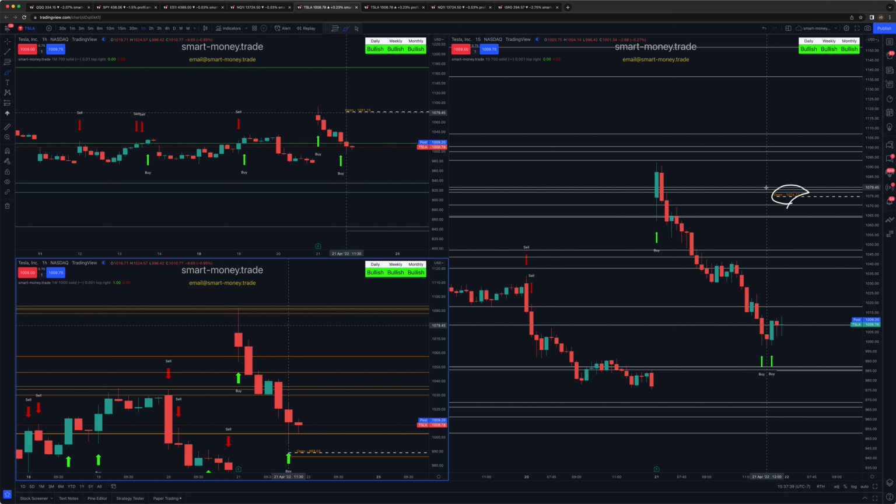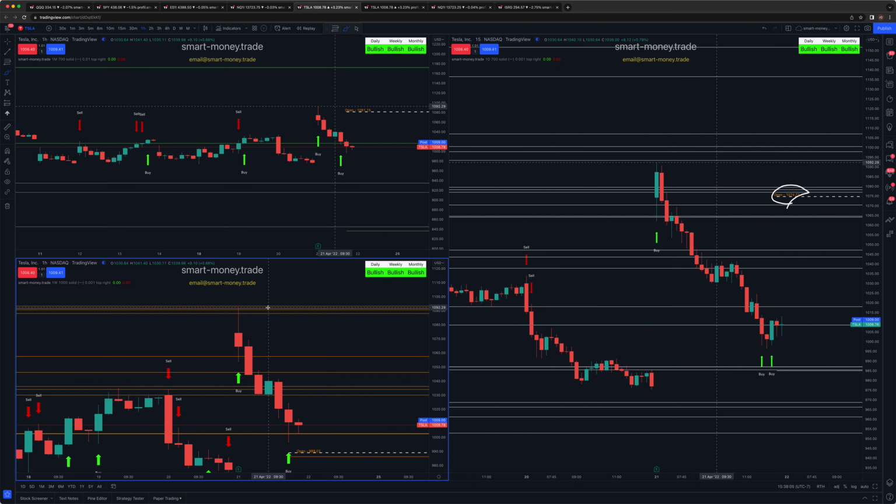It's not even able to open above 1080. It's not opening above 1090. So why can a 10% up stock not open at 1080 or 1085 or here at 1094?